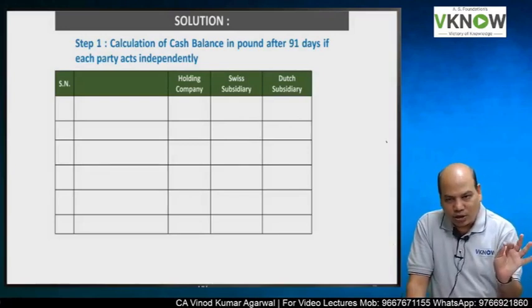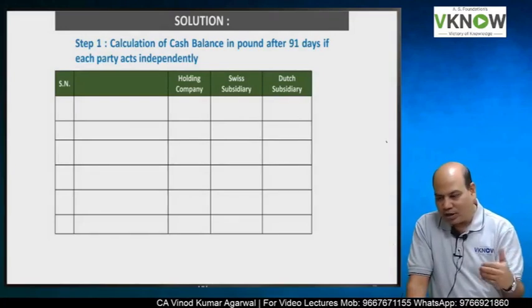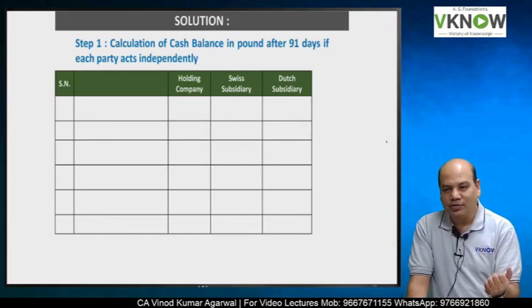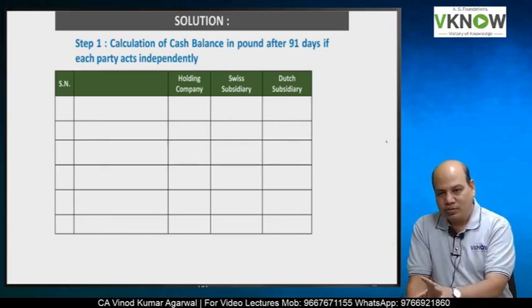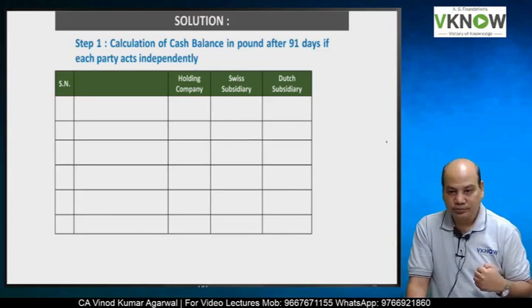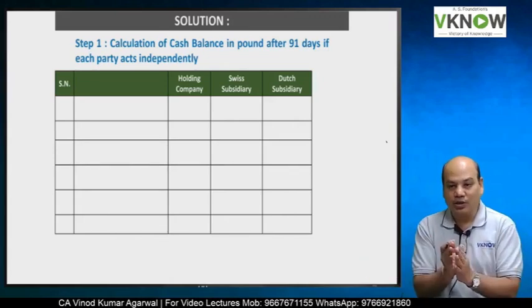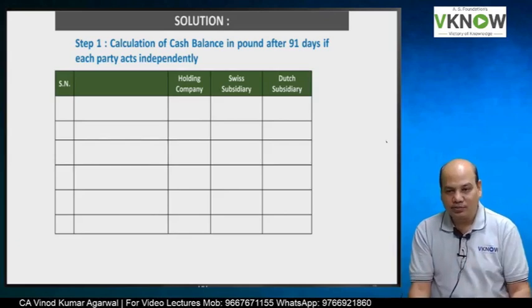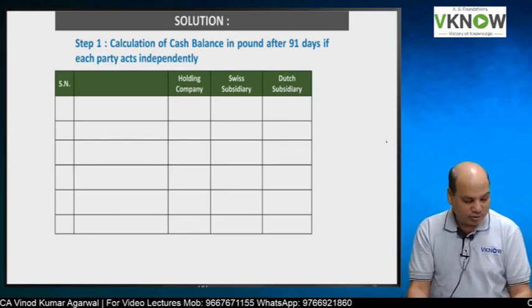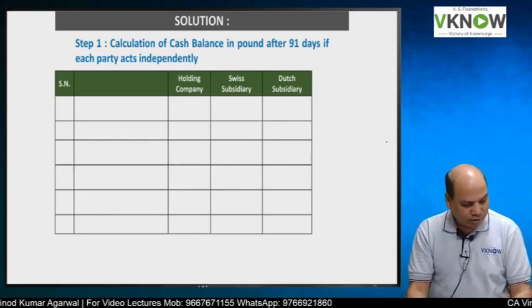We will take the amount available with them, add interest for 91 days. That will give me amount on maturity and convert into pound so that we can take the total. Because to take the total, I need same currency. You're right. So come on, write down.